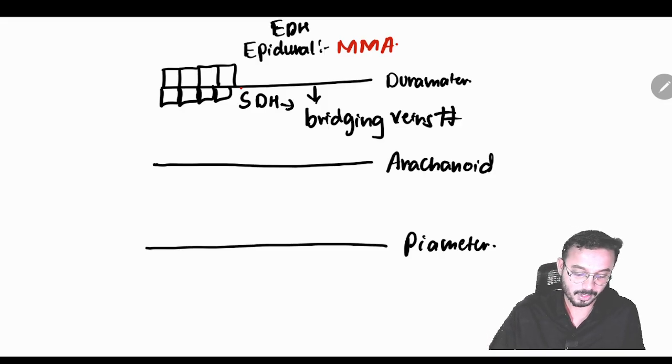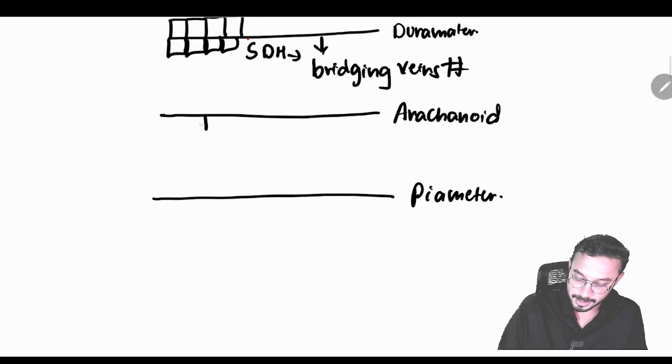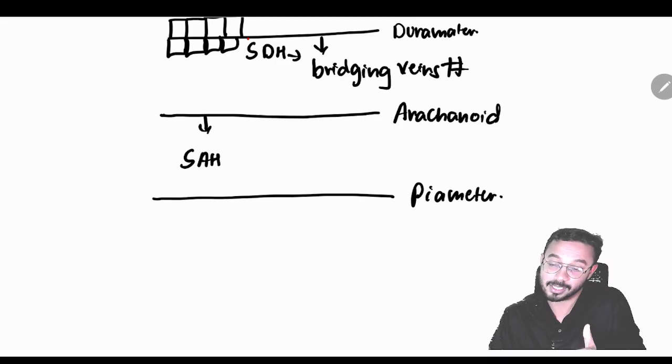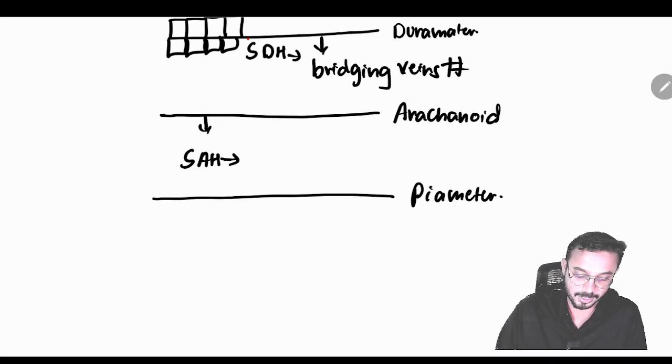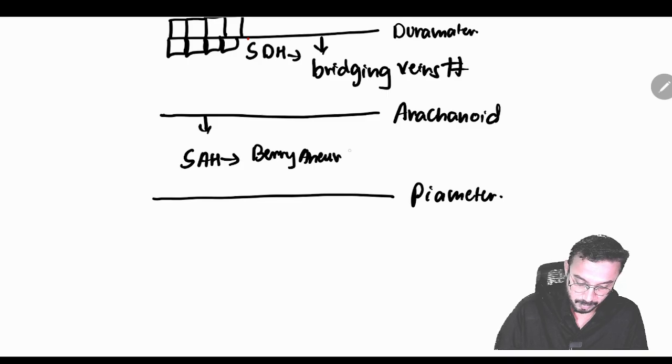Okay, and the next one is SAH. This is the arachnoid. Anything below the arachnoid is subarachnoid hemorrhage. What is present here is Barrett's aneurysm, and it is also an arterial bleed.